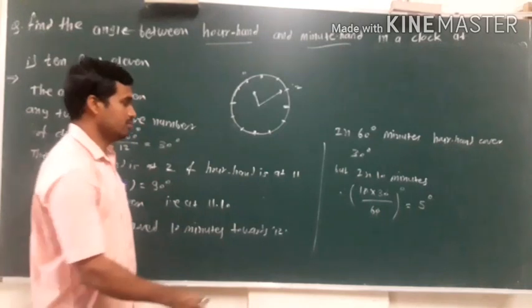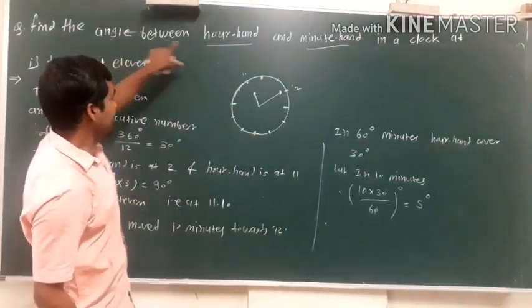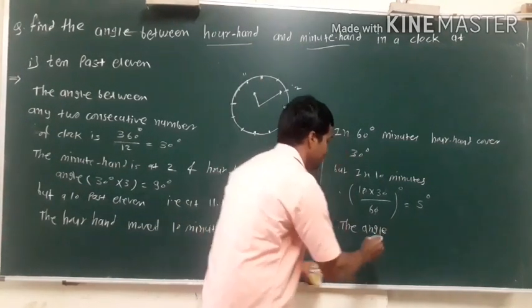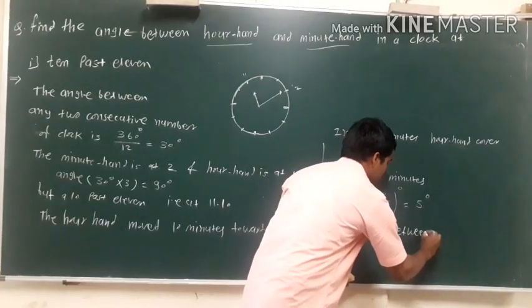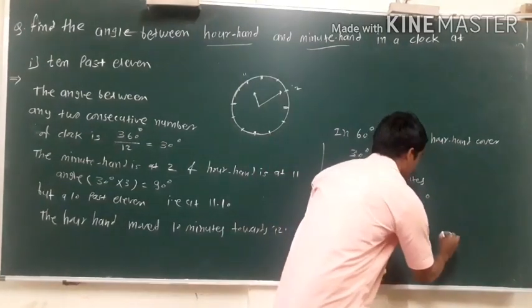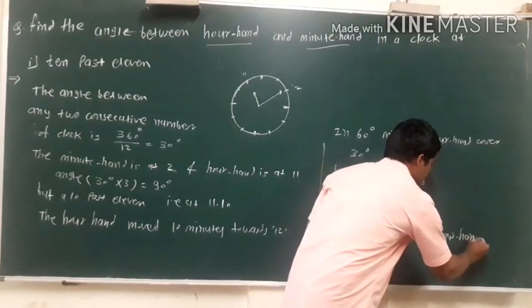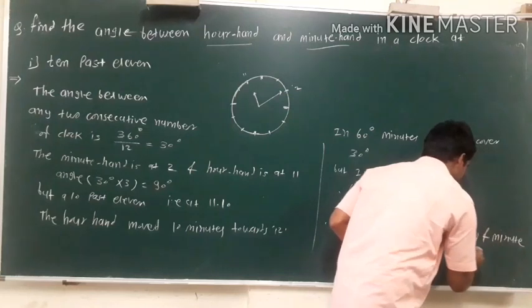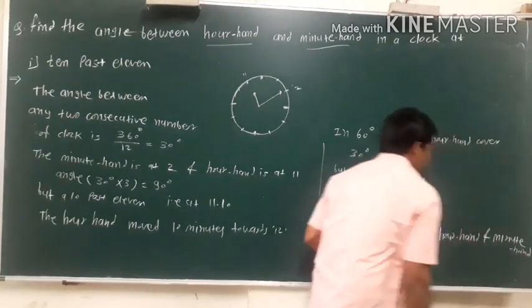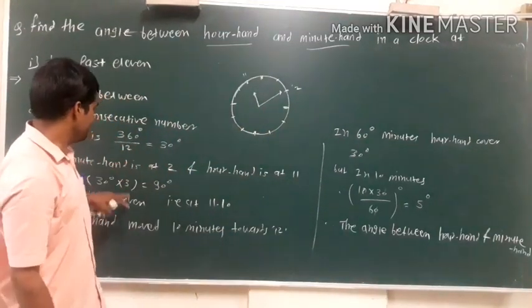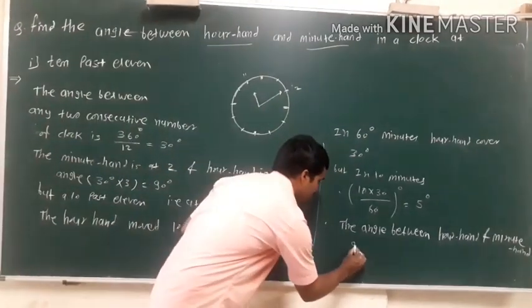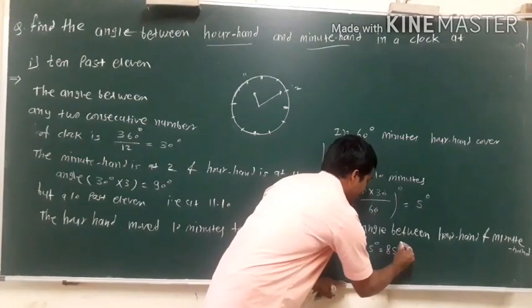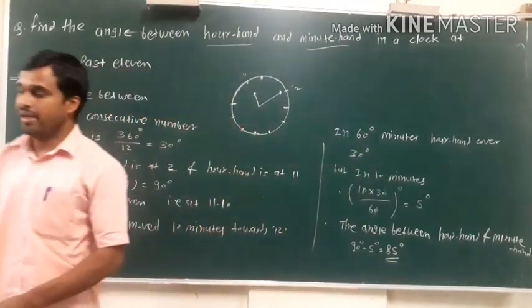Therefore the angle between hour hand and minute hand: total degree is 90 degree minus 5 degree equals 85 degree. This is the final answer.